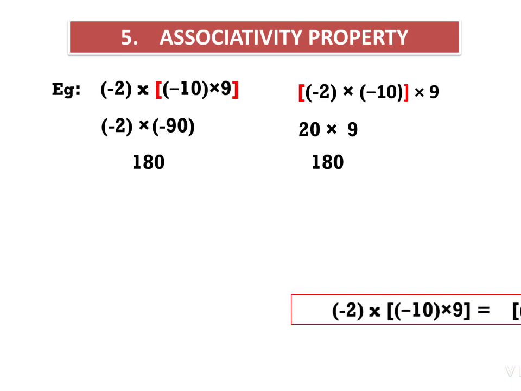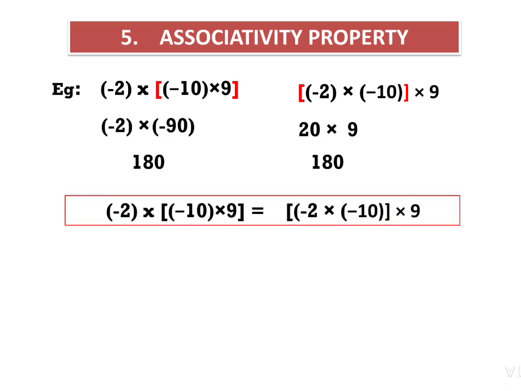So we can write minus 2 into minus 10 into 9 equal to minus 2 into minus 10 into 9, with different groupings. From this we can use A, B and C. For integers, we can write A into B into C like this.